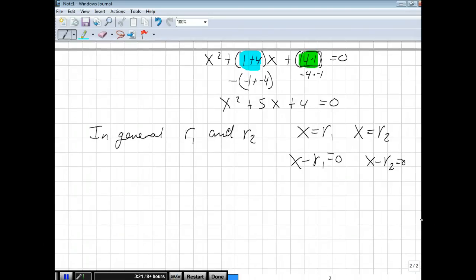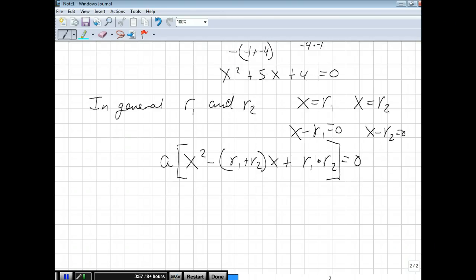And so the equation is going to be x squared minus root 1 plus root 2 times x plus root 1 times root 2 equals 0. Okay? And so that is the general form, but very often there's also a constant or a coefficient that we need to find that belongs in front there, right?